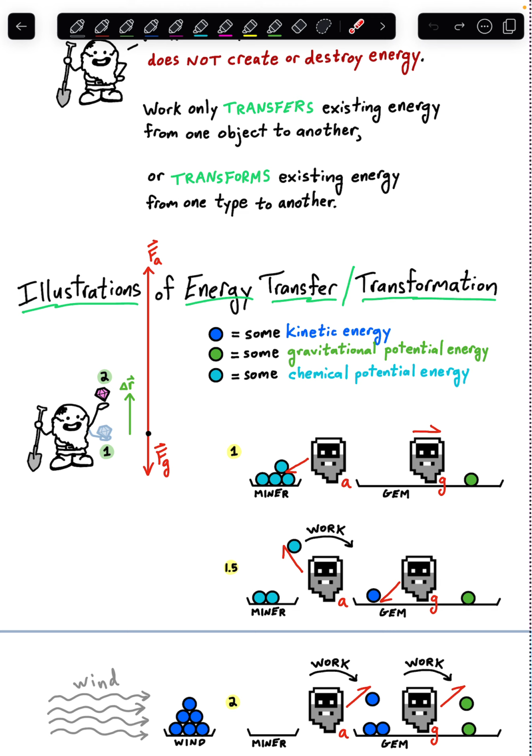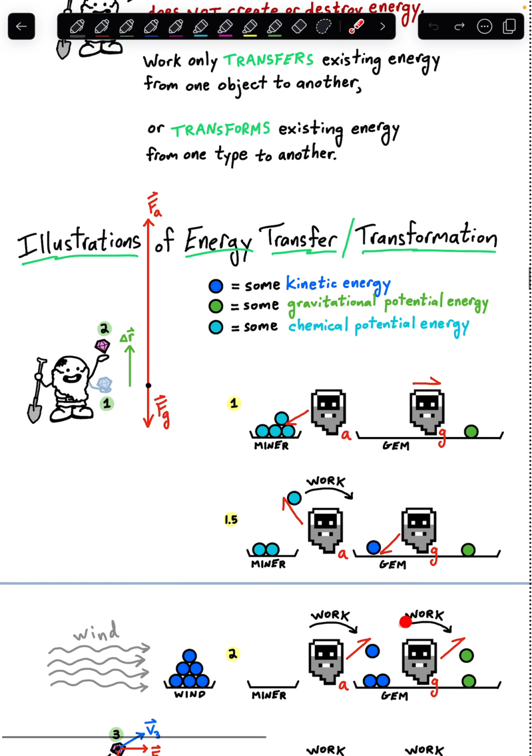But at the same time, the force of gravity is doing negative work. It's removing kinetic energy. So here's our force of gravity with his little shovel, scooping up kinetic energy orbs as they arrive and transferring them via work over into a third type of energy, gravitational potential energy. That's what the force of gravity does. It takes kinetic energy and turns it into gravitational potential energy as an object moves upwards.